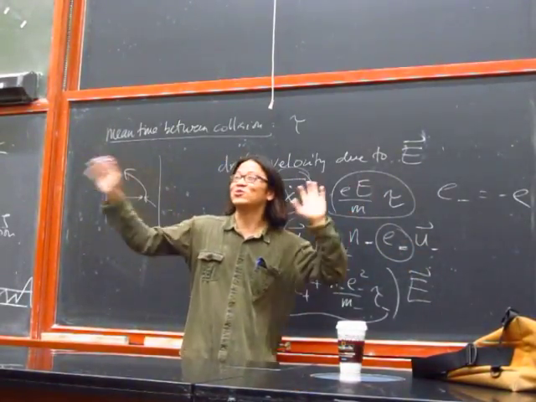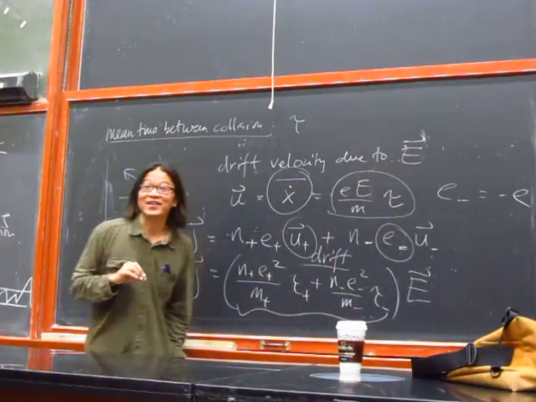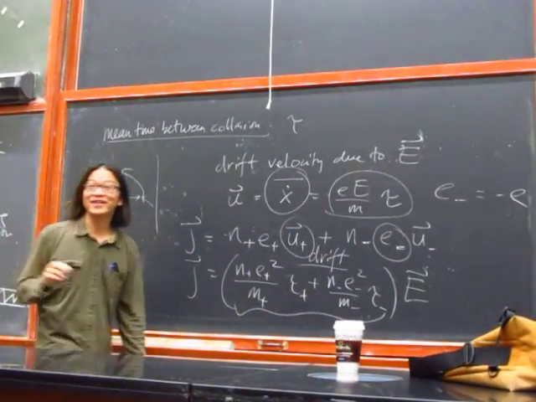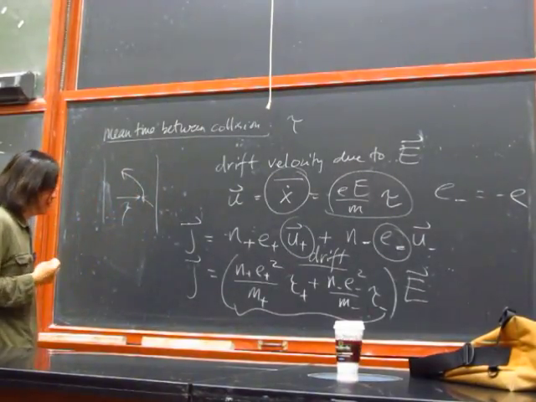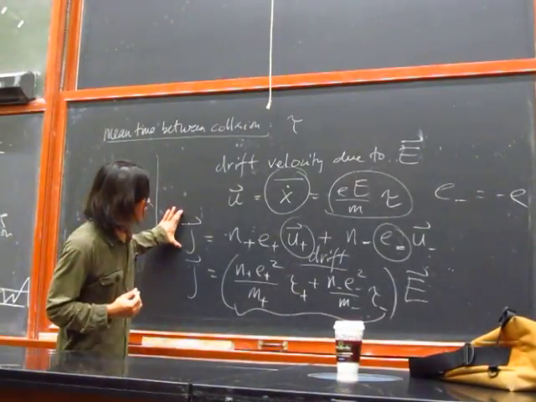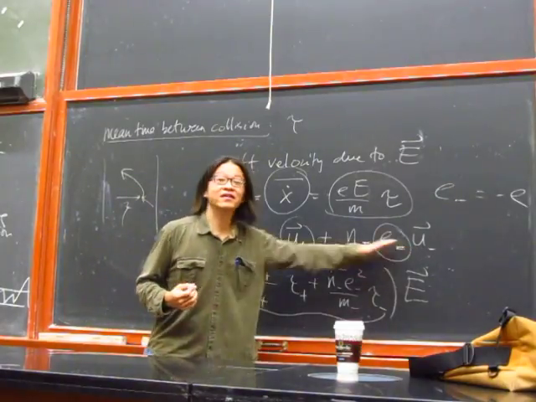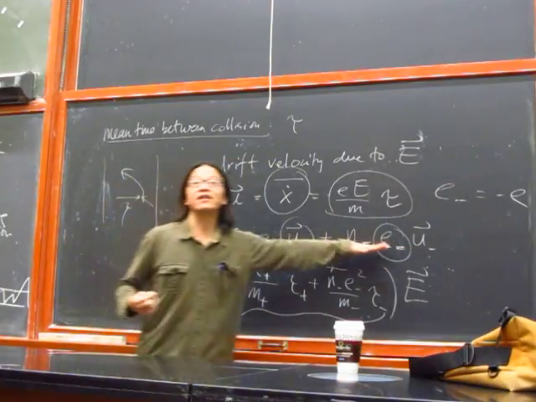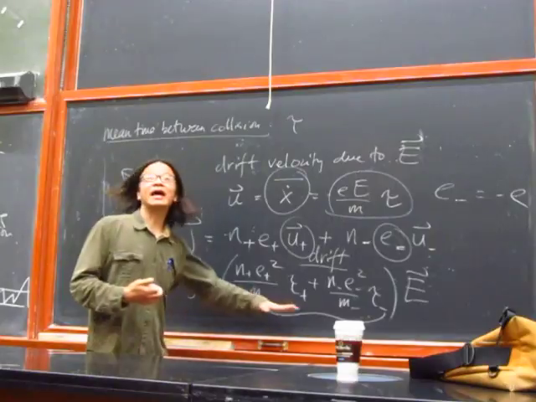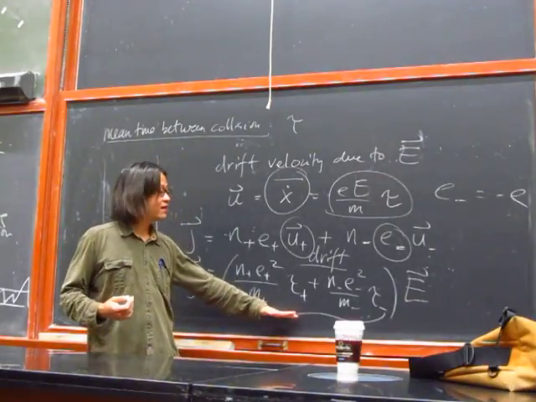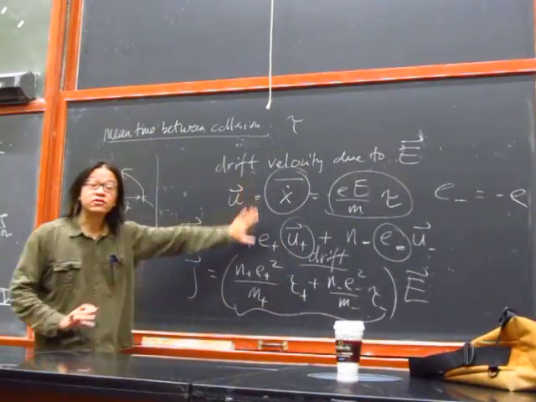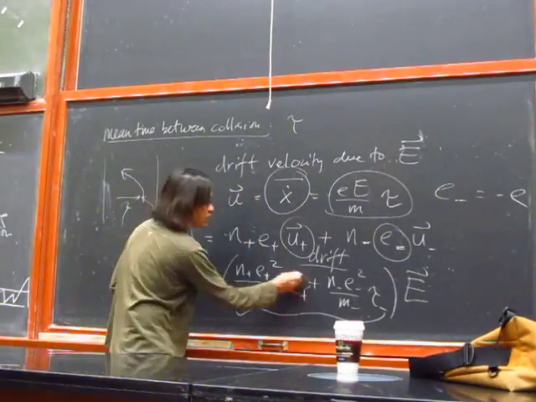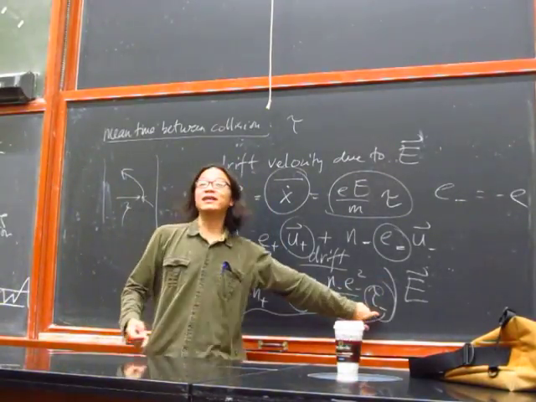The minus sign is the most notorious mistake you can make. It's always everywhere, so you just have to know how to take care of it a priori. But the physics is not confusing: carrier times the drift, carrier times the drift, and they add. The most important lesson, of course, is that this is a model, and actually a very good model. To calculate this is not that easy.